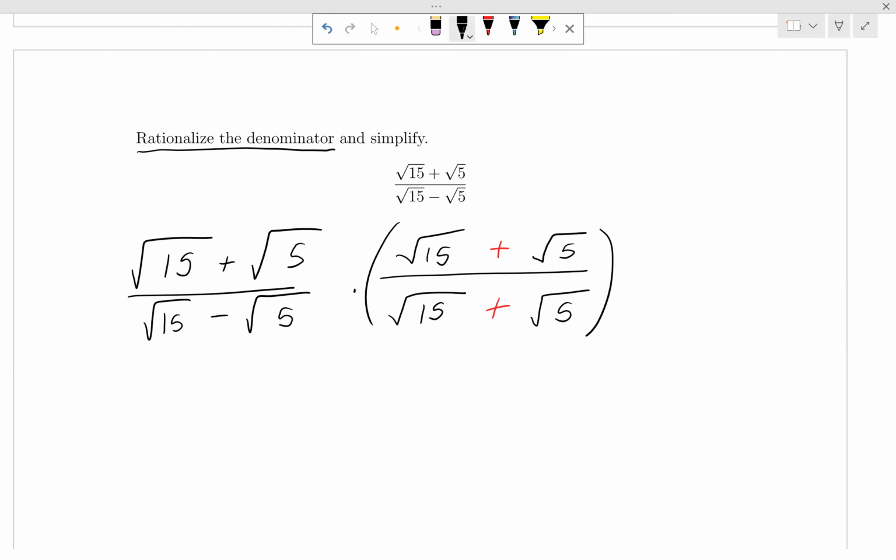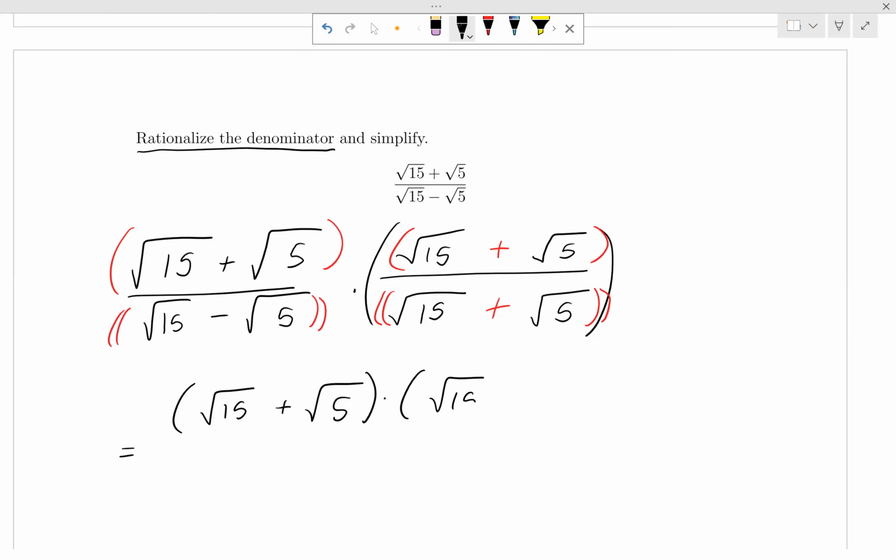So when I multiply fractions, I multiply numerator times numerator and denominator times denominator. So I'm going to get square root of 15 plus square root of 5 times square root of 15 plus square root of 5.